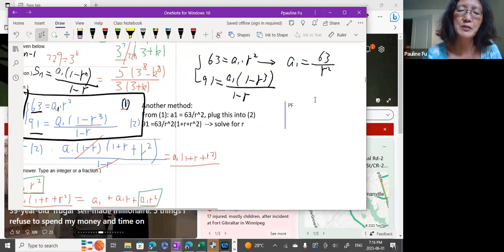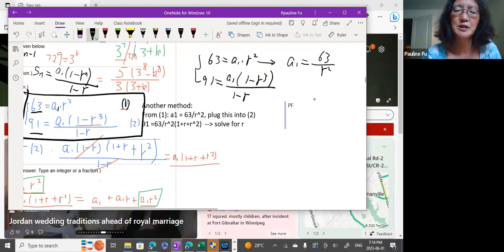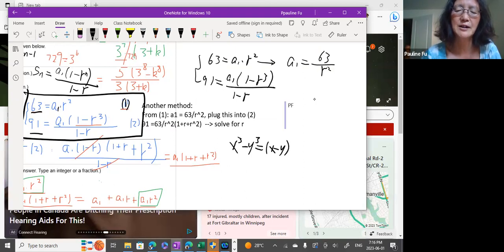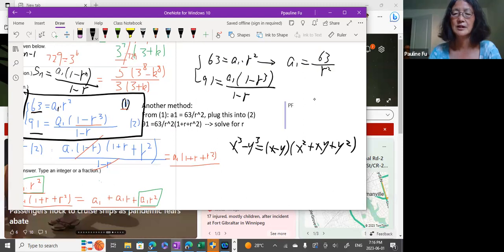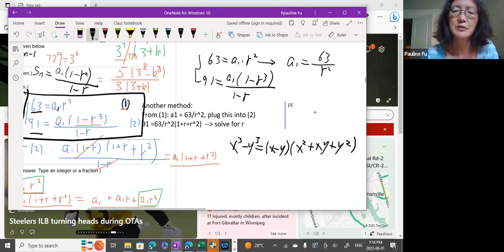And then remember there is a formula. If you have x cubed minus y cubed, it is equal to x minus y times (x squared plus xy plus y squared). So we apply this formula.